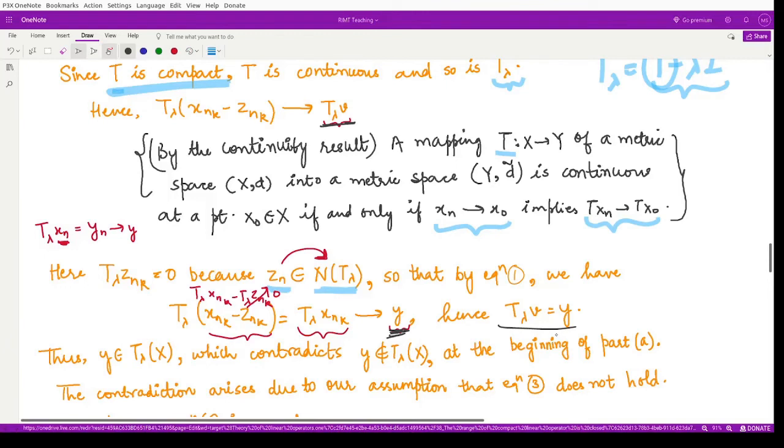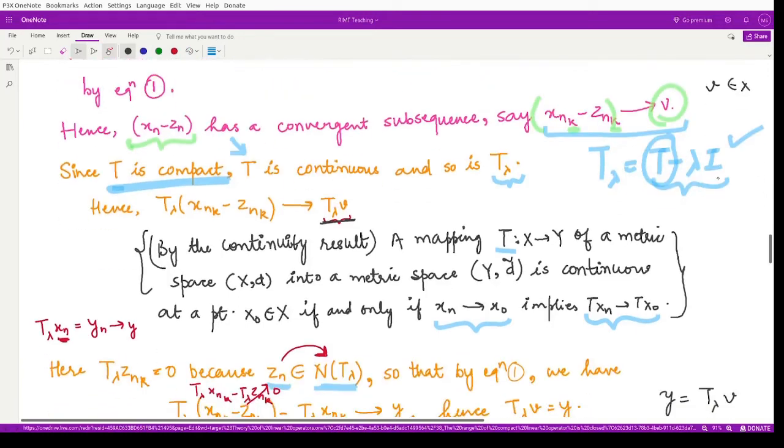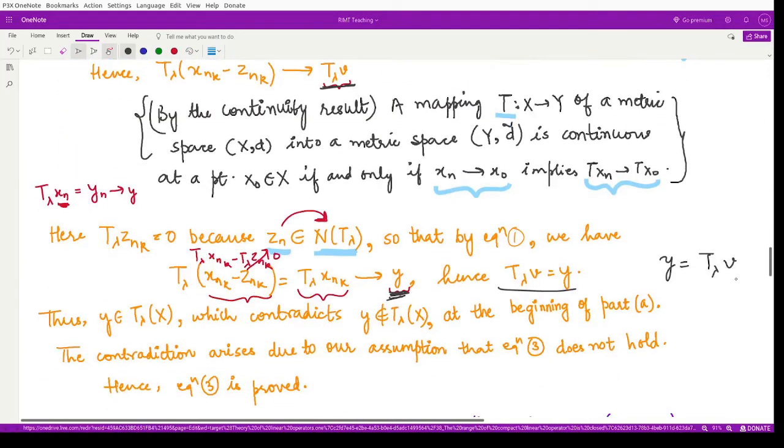So from here you see that y is T lambda into v, where v was some member in x, because it represents the difference between xnk and znk. So y is T lambda v, which is present in T lambda of x, because v was some arbitrary member of x.